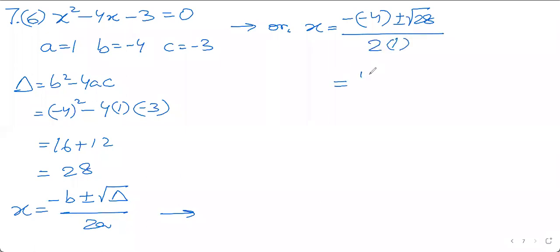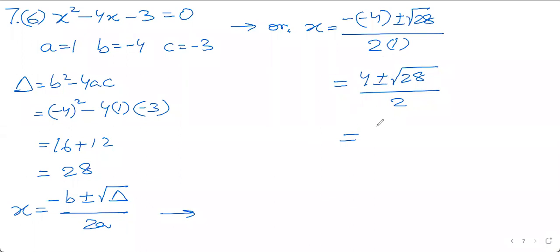So this is 4 plus or minus square root of 28 by 2. I'm very surprised that some of you got this right, and I'm very pleasantly surprised that at least 2 of you got this right, because here it is surds and most of you struggle with surds.